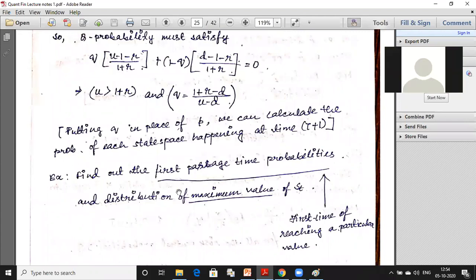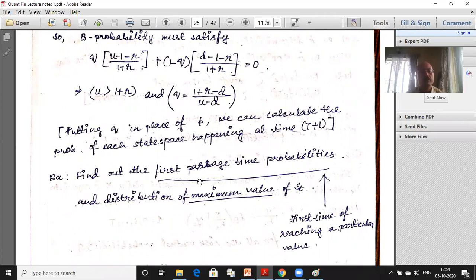So in particular, I wanted you to read up what is called the first passage time, the first time you get to a level, and also the distribution of the maximum value. And I said that if you need to understand these two things, you will also need to understand the reflection principle. Reflection principle is a very important principle, extremely useful for evaluating all sorts of stochastic process questions. So reflection principle leading to these two things would be very useful for us.